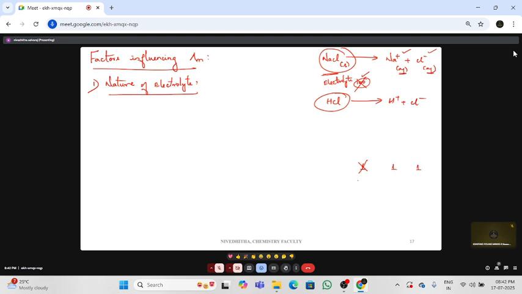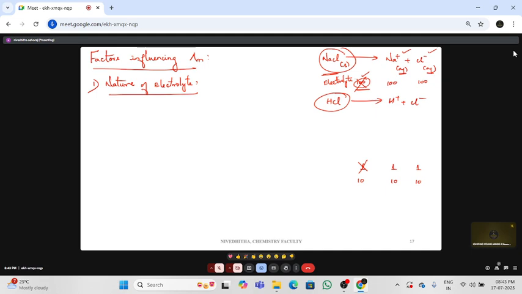If you dissolve 10 NaCl, you get 10 Na plus and 10 Cl minus. Similarly, 100 NaCl gives 100 Na plus and 100 Cl minus. So all the sodium chloride was dissociated into cations and anions.